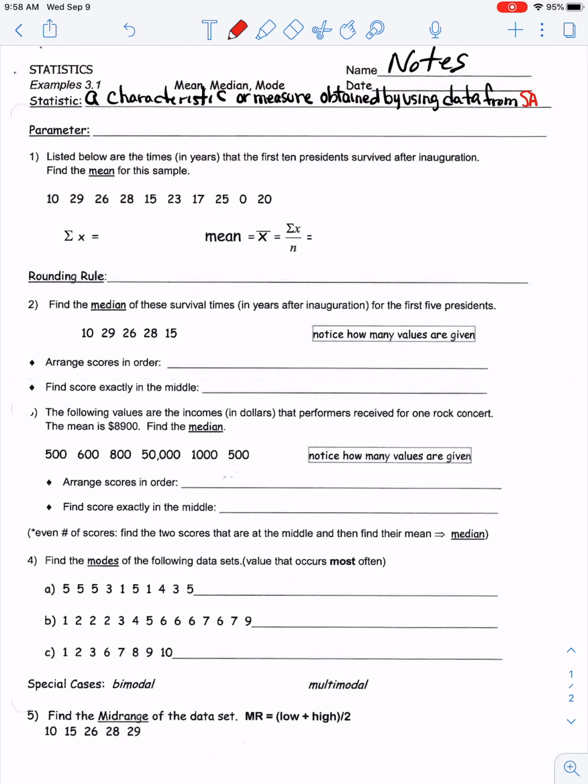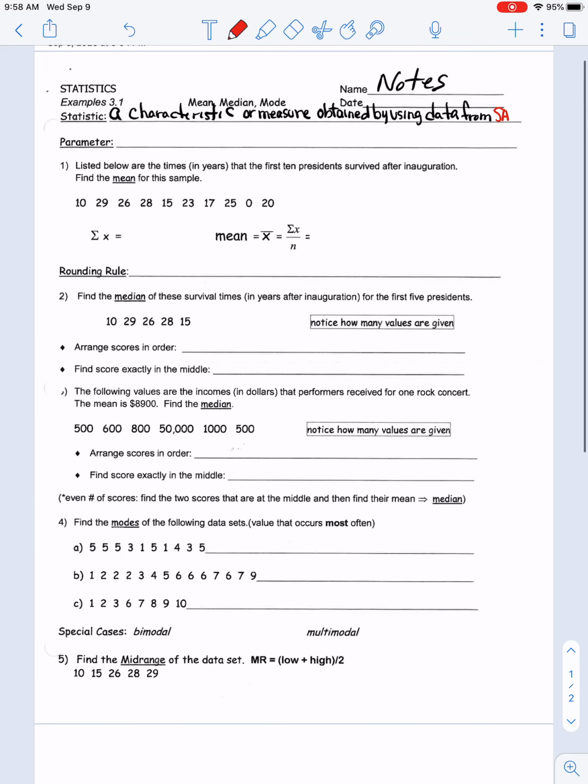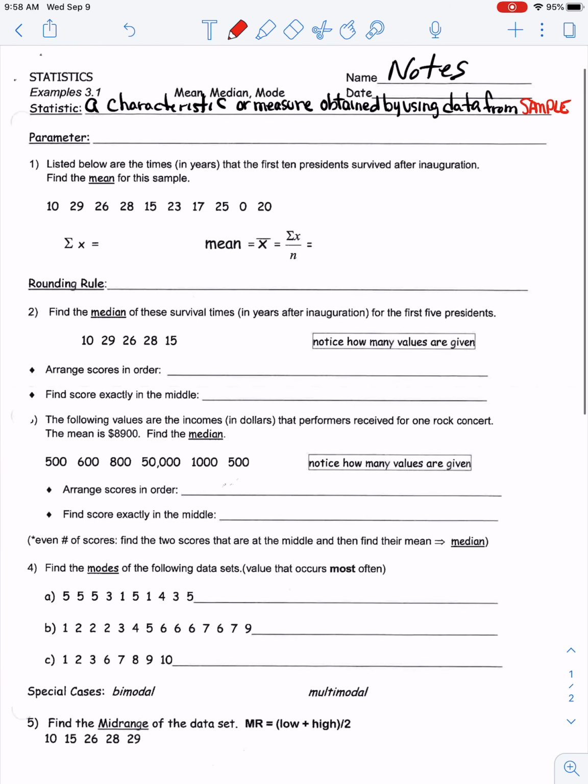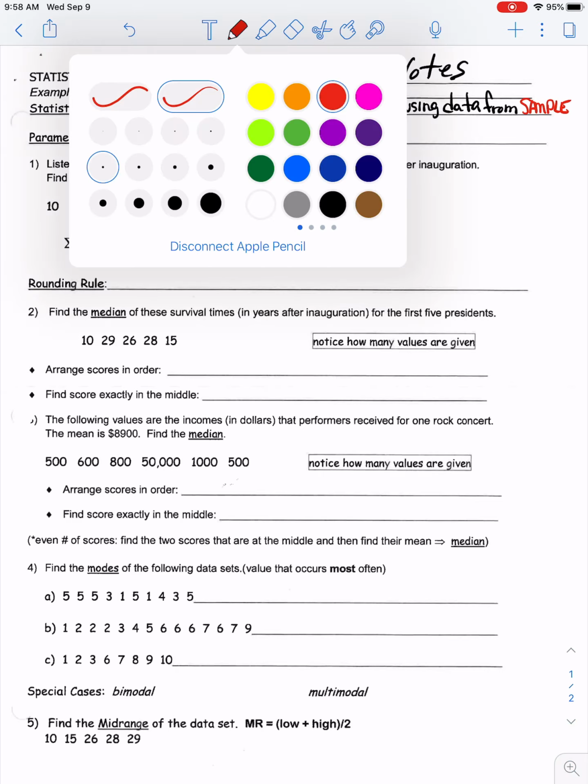I can scoot this over just a little. So a sample. Okay, a statistic is a characteristic or measure obtained by using data from a sample.